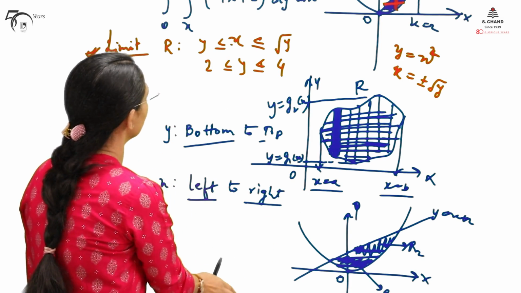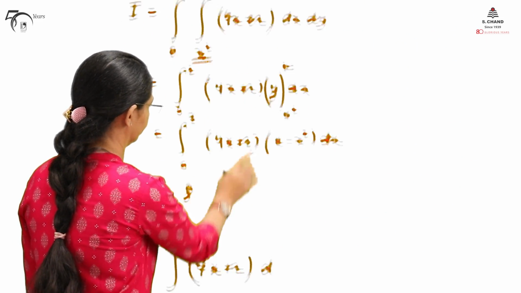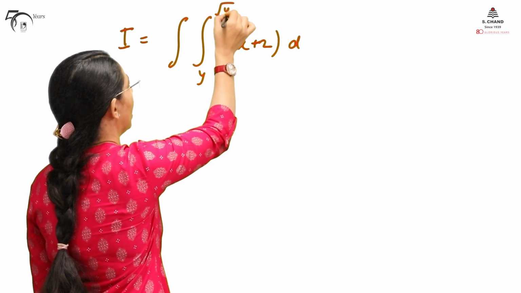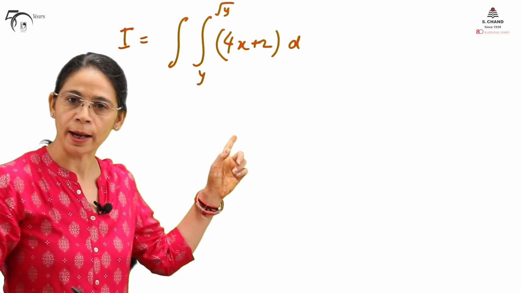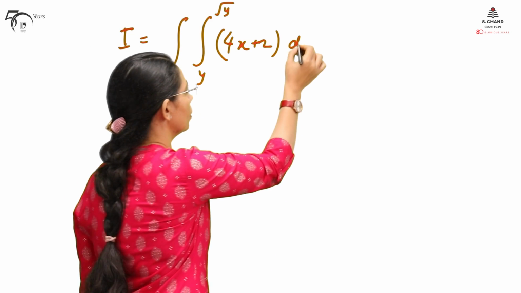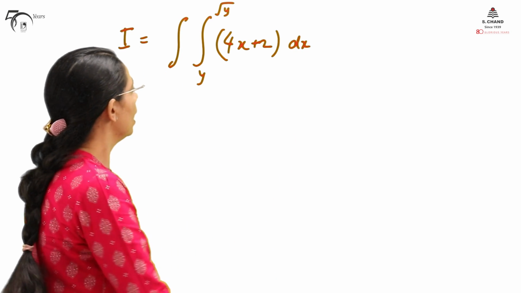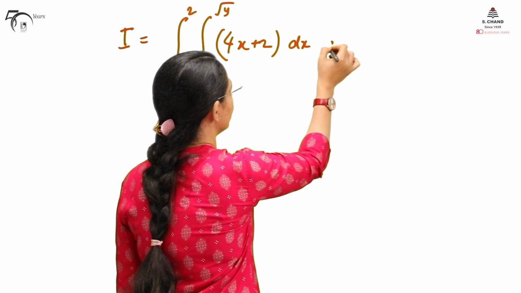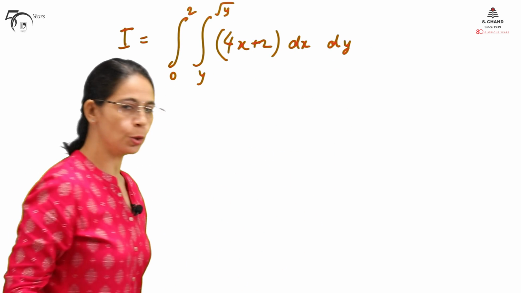Since they are the limits in terms of y, it should be understood that they are the limits for x, and the limits for y are from 2 to 4. So the result will then be integrated with respect to y.